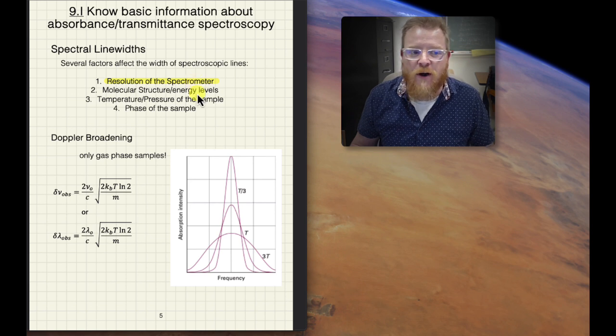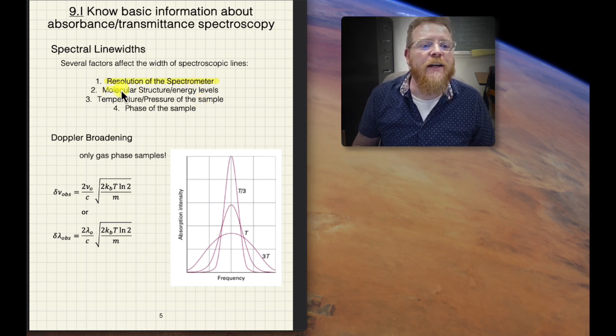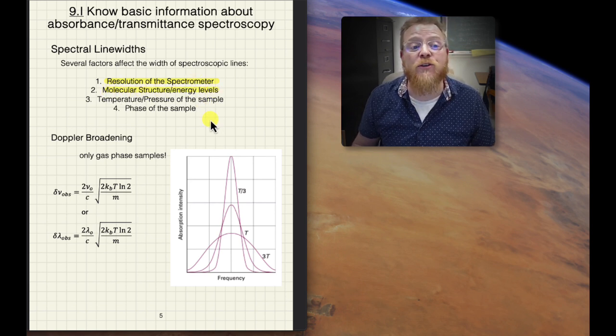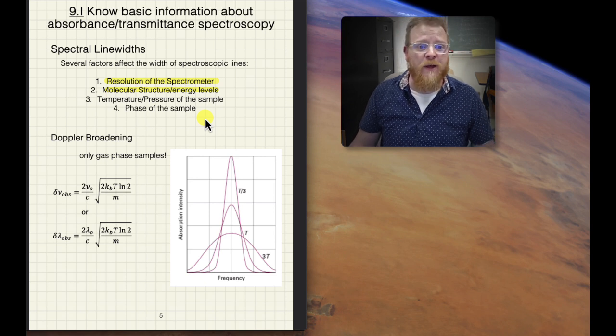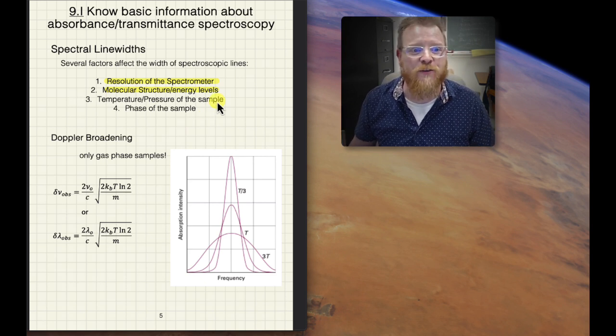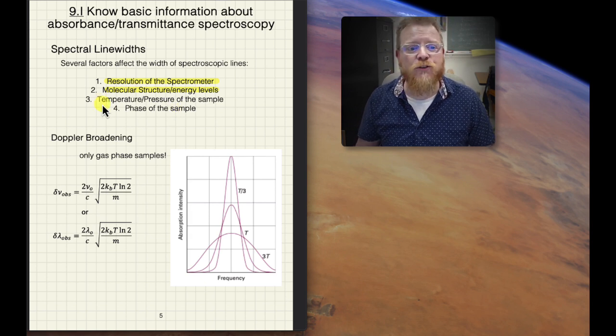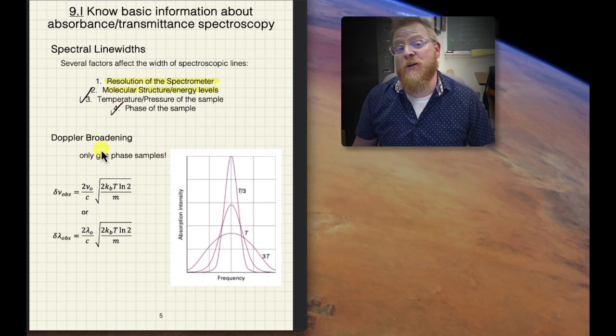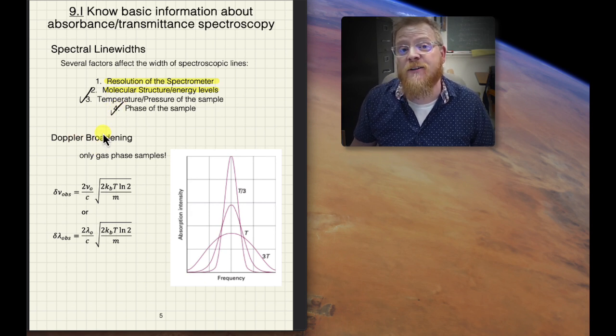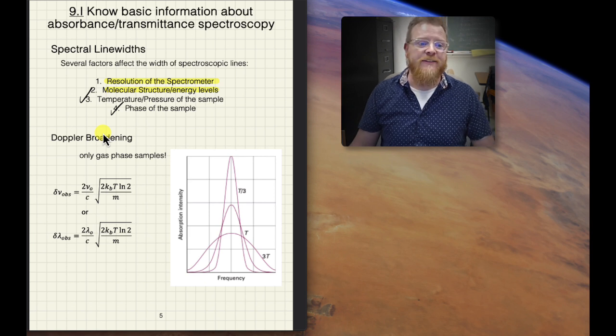Molecular structure energy levels, we have no control over whatsoever. We just take the spectra for what it is. Things that we can somewhat control in a more reasonable way are the temperature and pressure of the sample, or of course the phase of our sample, if we choose to analyze a solid, liquid, or a gas.